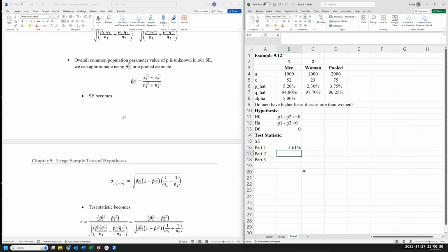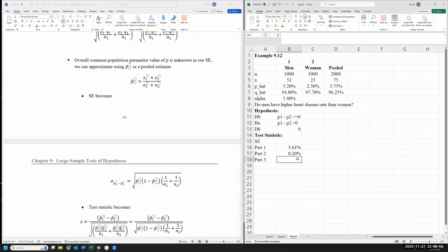Part 2 is 1 over n1 plus 1 over n2. 1 divided by 1,000. Oh, those are equal. Sorry, so this is equal to 1 divided by 1,000 plus 1 divided by 1,000. Okay, I guess I'll use that as a percentage as well.